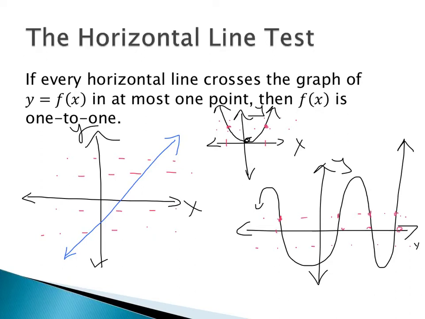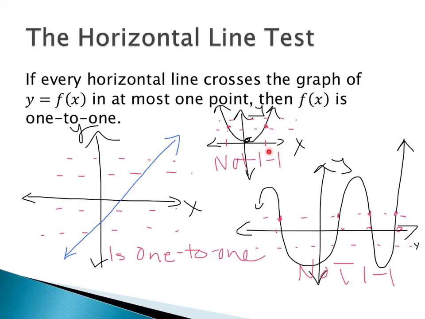So therefore it fails the horizontal line test, and this one is not one-to-one. This one is one-to-one, and this one is not one-to-one. Notice there's different ways of writing that, 1-1 or in words, either one is correct.